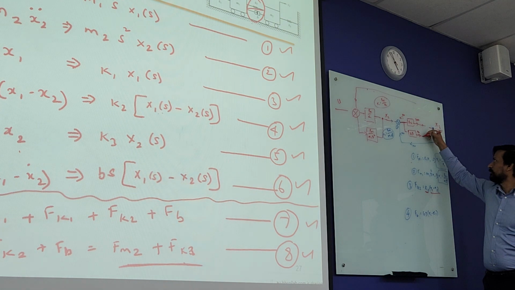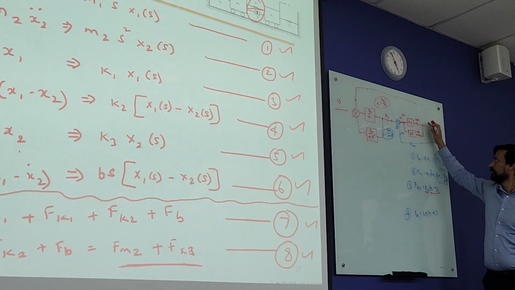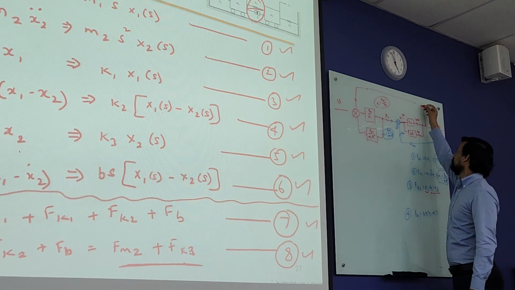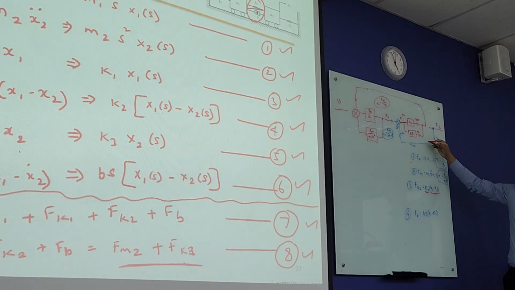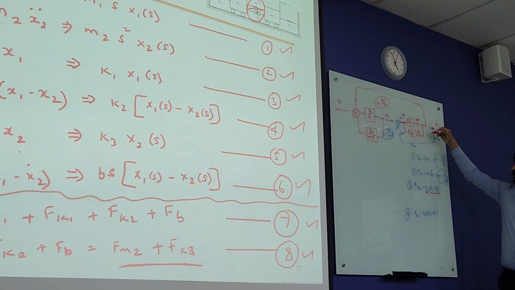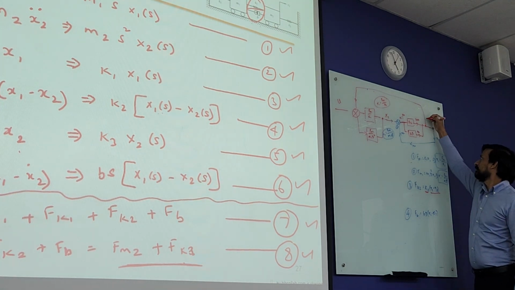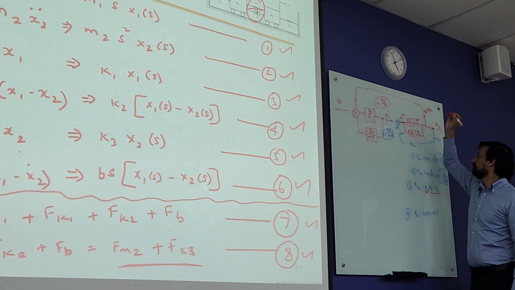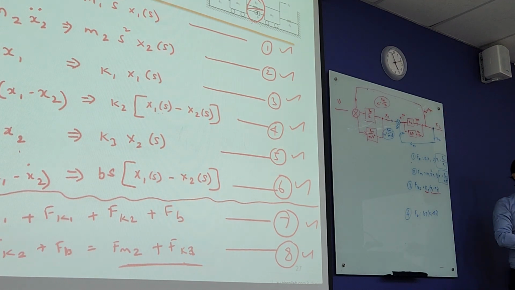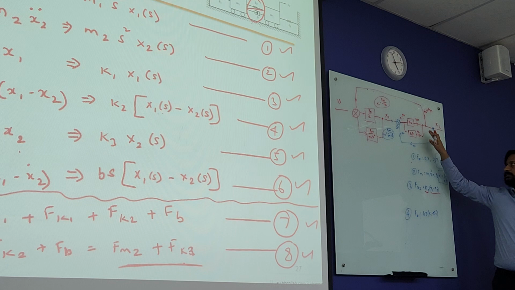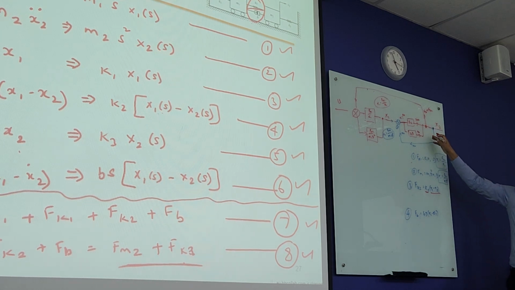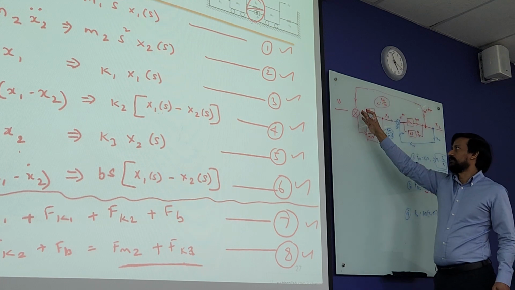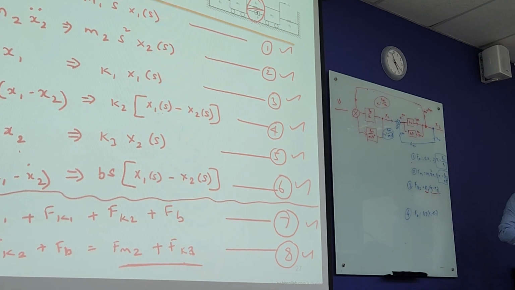Now we take a point here, and from here we get FK and FB. So that's a takeoff point, FB plus FK2. Can I write it this way? One force is coming, then a second force is coming, and I take the point out all the way to the front.